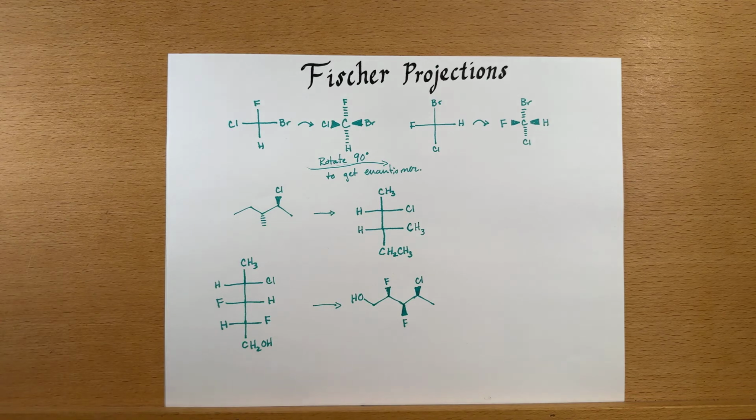So you may ask yourself, what's the benefit of using a Fischer projection if it tends to potentially confuse you? So we have to kind of go back to what this was originally invented for, and that's sugars.